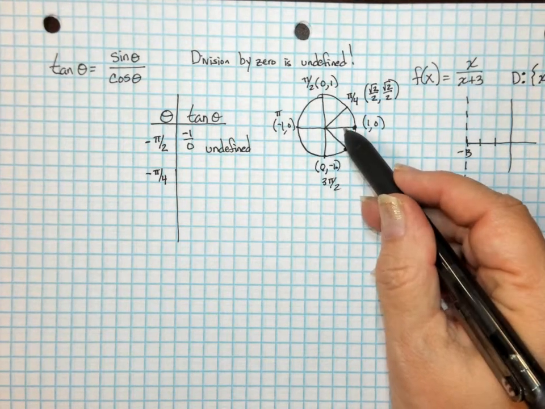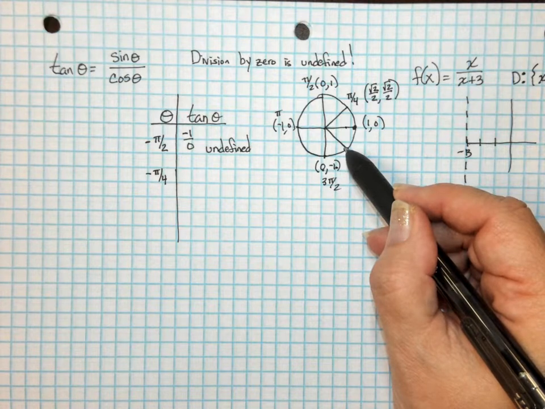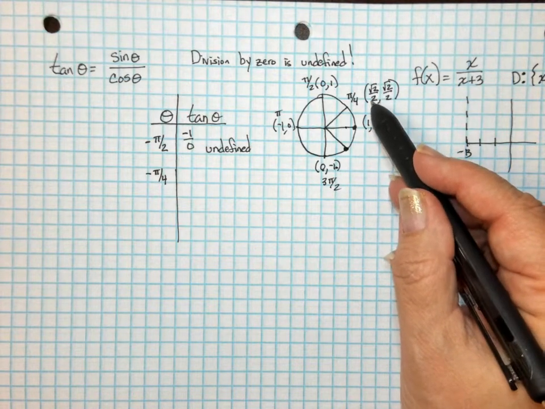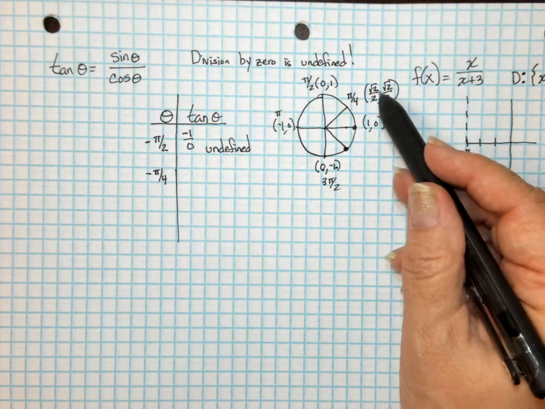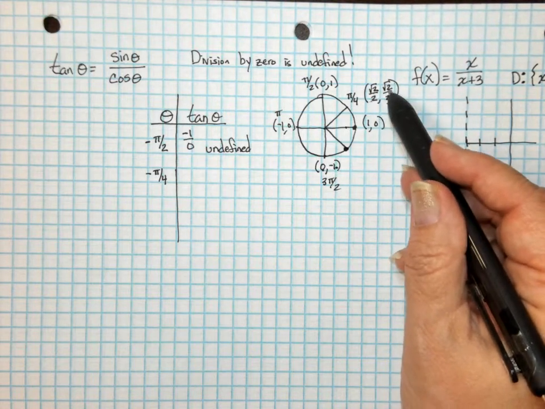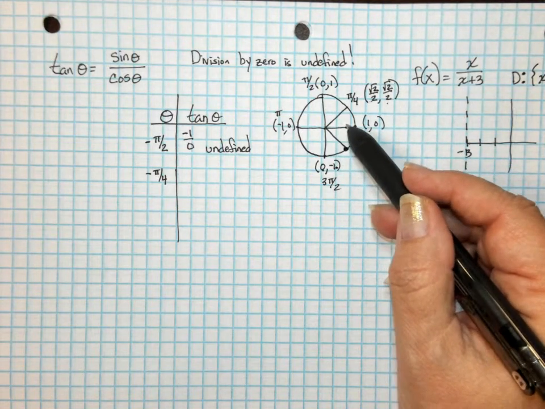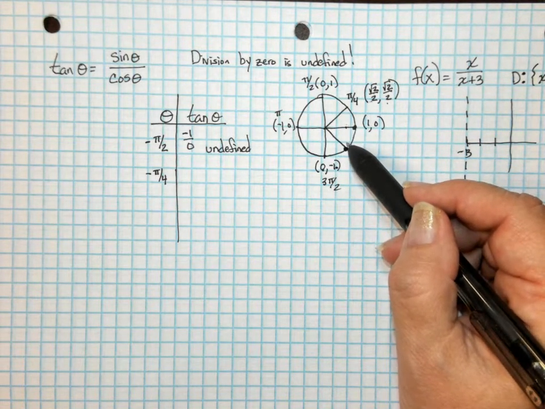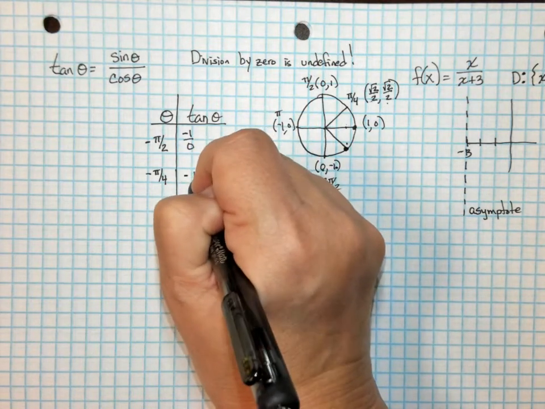So my cosine is positive and my sine is negative, but it's square root of 2 over 2, square root of 2 over 2 and square root of 2 over 2. I'm dividing by itself, right? So it's going to be 1, but cosine is positive, sine is negative, so tangent is going to be negative 1.